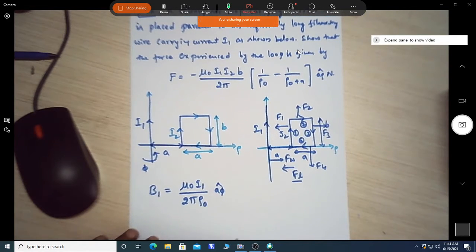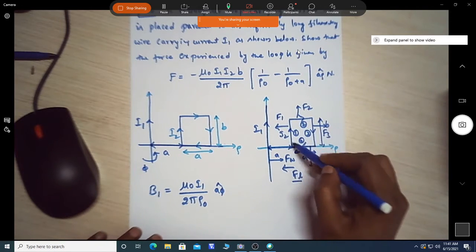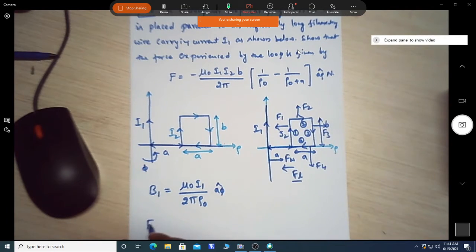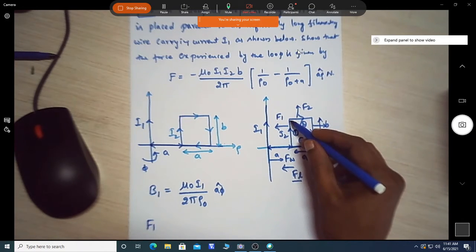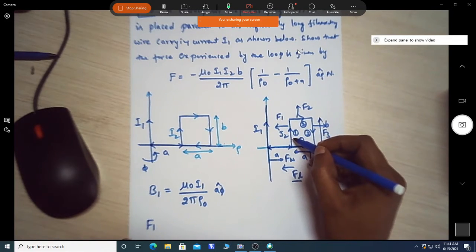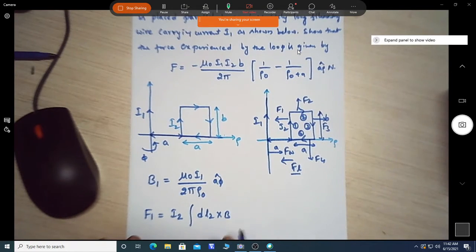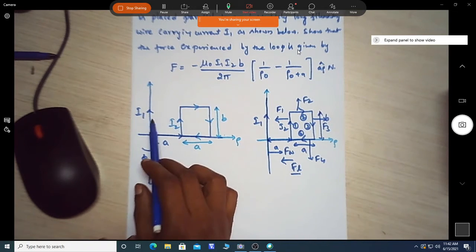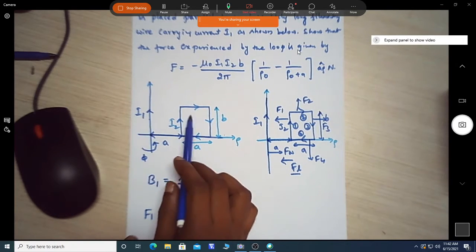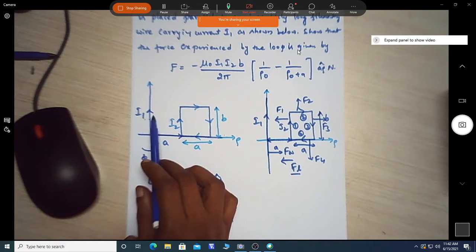Now we have to see the independent force from each side of the loop. Let us take F1, which is due to side 1 of the loop. F1 is equal to the current I2, into the integral of dl2 cross B1. This is a well known equation. Just now we have seen the force between two elements, where we take the force exerted on this loop due to this magnetic field B1.